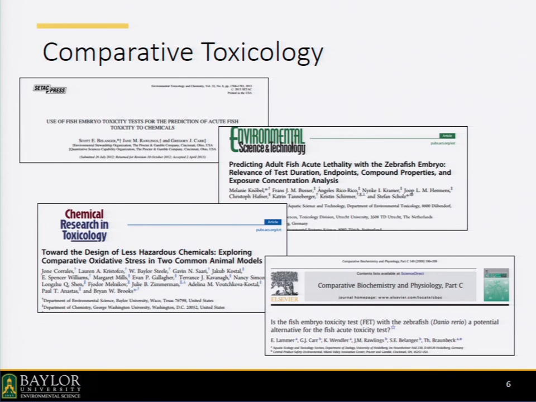As this has been recommended as an alternative to traditional testing methodologies, a variety of publications have looked at the sensitivity of the FET model in relationship to other tests such as the fish embryo-larval test. Generally, we've seen high correlation in the sensitivity between these two models.